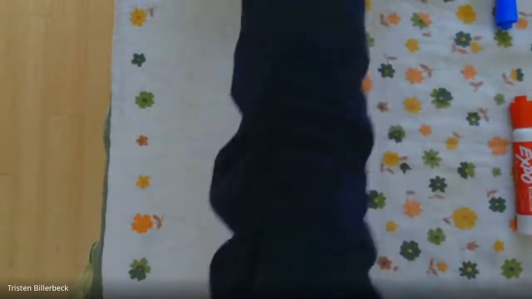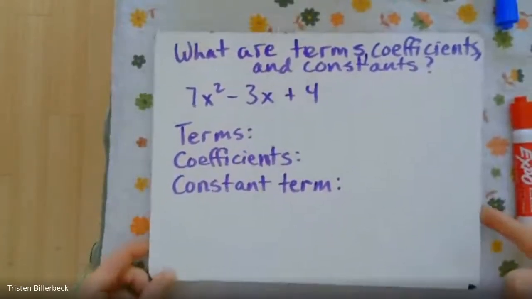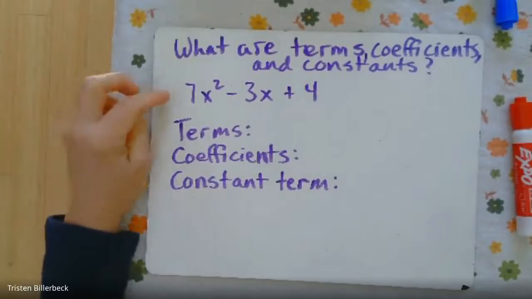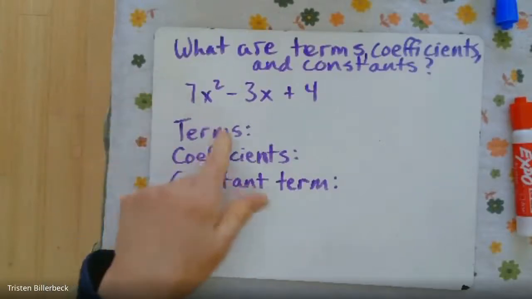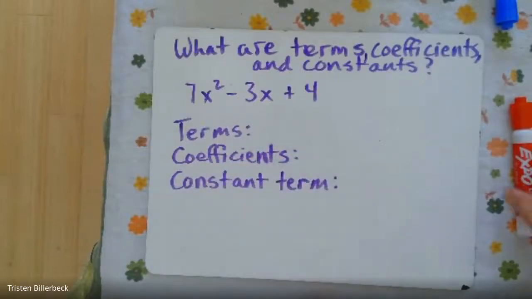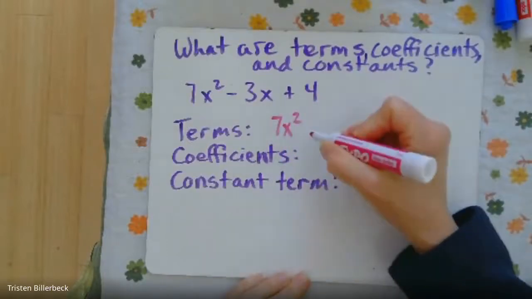All right, let's look at the next part. So we need to look at what are terms, coefficients and constants. So if we have an expression like this, 7x squared minus 3x plus 4, let's write the terms. So our first term is 7x squared.